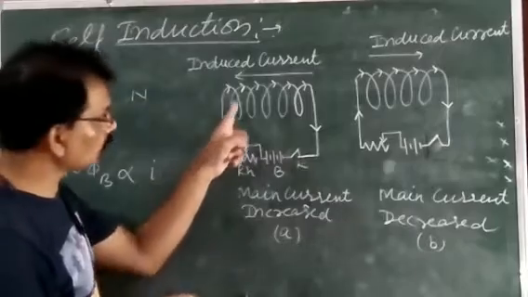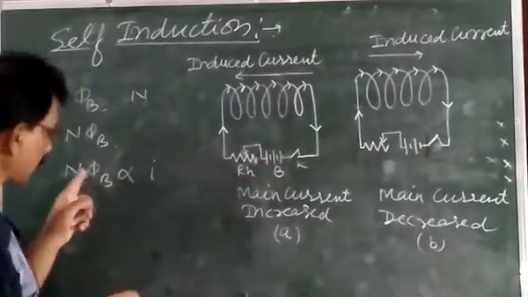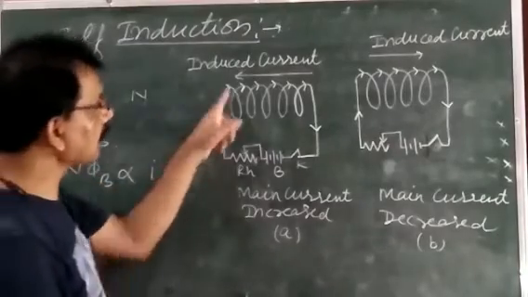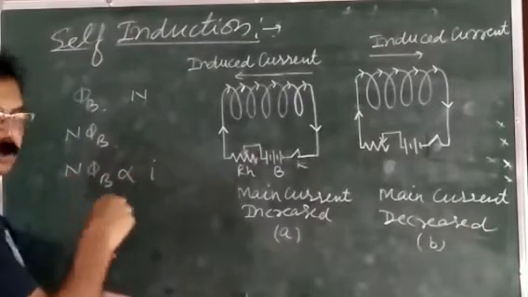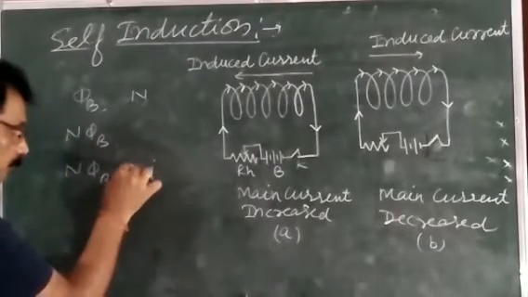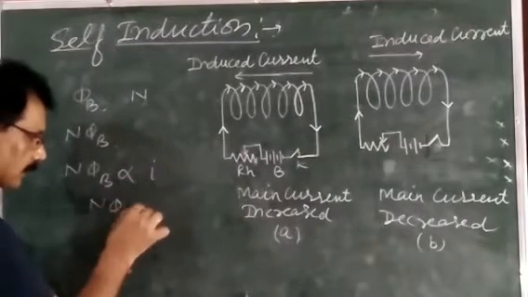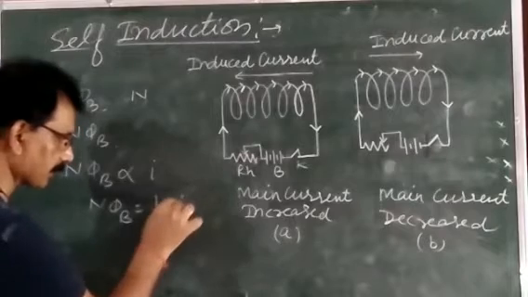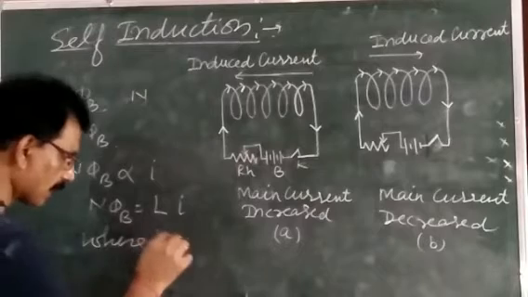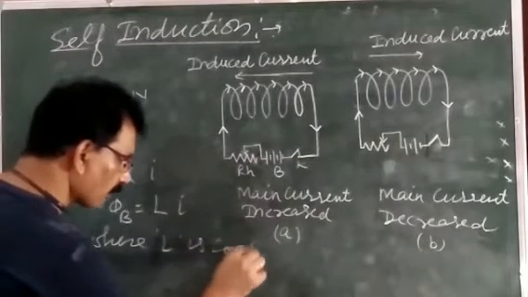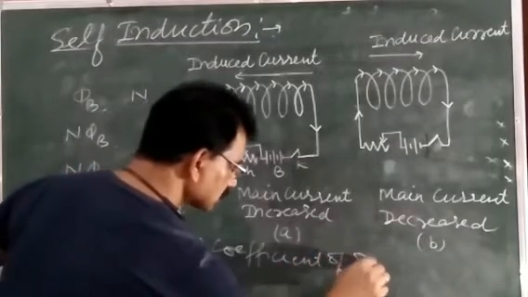For the total magnetic flux passing through the whole coil, N phi B. And by definition this N phi B is directly proportional to the current flowing in it. जैसे जैसे इस करंट को बढ़ाया जाएगा टोटल मैग्नेटिक फ्लक्स भी चेंज करेगी. And when we remove this proportionality constant, we introduce a new constant, and that one is written as L into I, where L is called the coefficient of self induction.